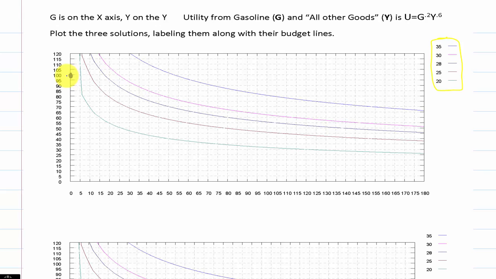With gasoline priced at 60 cents each, 100 divided by 0.6 says that if we spent all of our money on X, which is the gasoline, or petrol, we could afford 166.6666 gallons. So that's going to put us over here just a little bit higher than 165. And we want to graph a straight line between those 2 points.